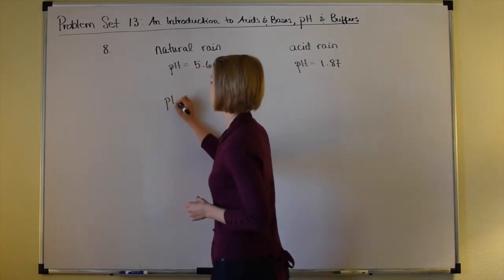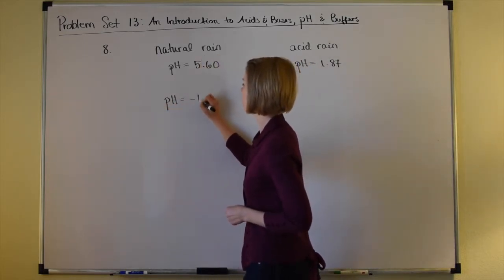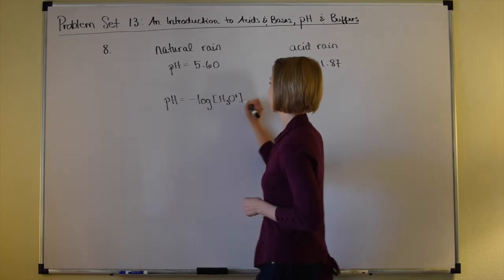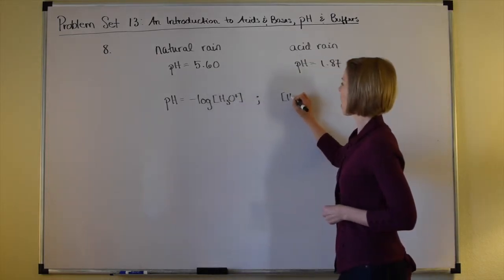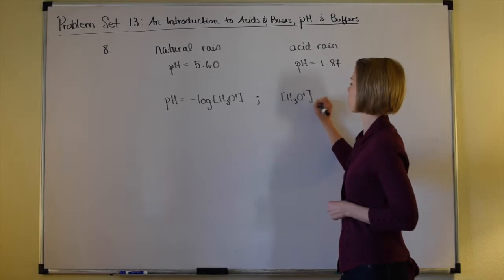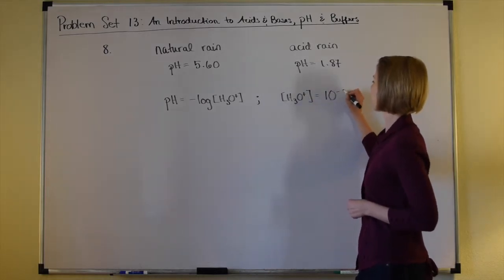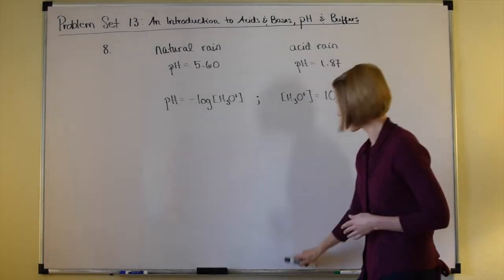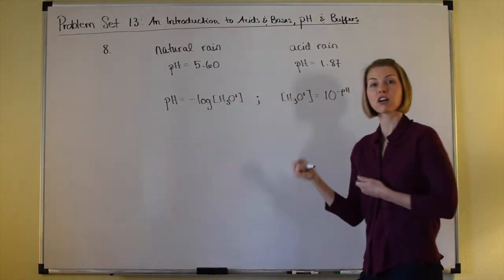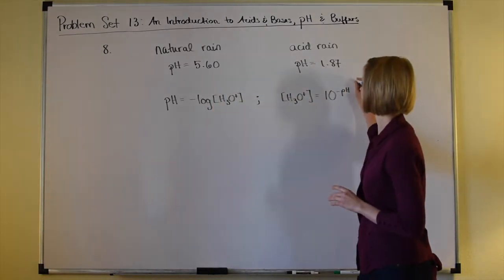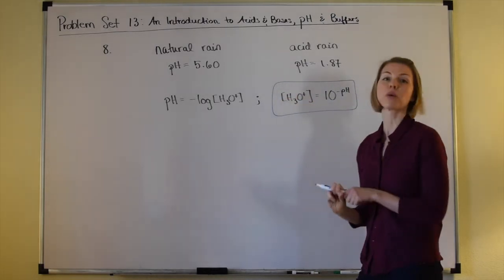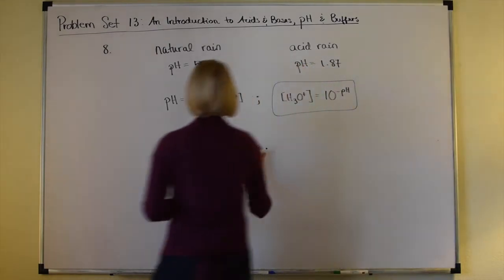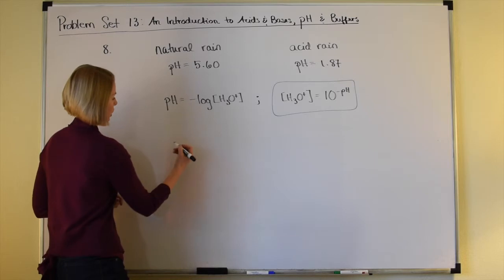Remember that pH is equal to the negative log of the hydronium ion concentration, and the hydronium ion concentration can therefore be found from the antilog taken to the negative pH, so 10 to the negative pH. So we are solving for the hydronium ion concentration given the pH. This is the equation that we are going to be using to solve this problem. So let's go ahead and start with the natural rainfall first.